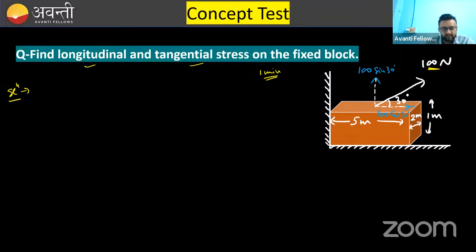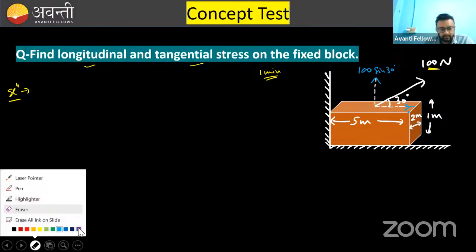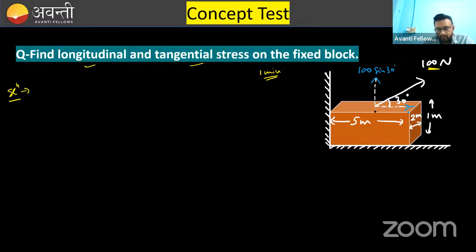Is it visible? No, I don't think it's very much visible. So I will say 100 cos 30. These will be the two components.